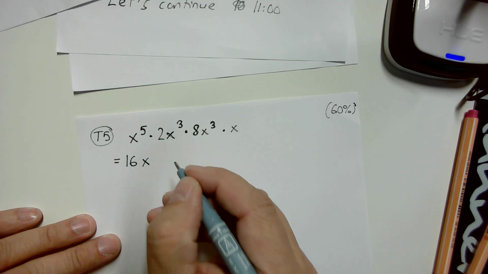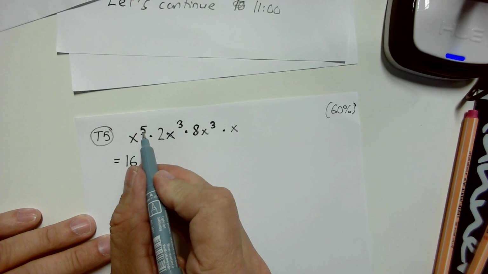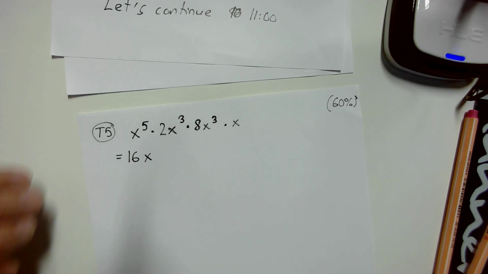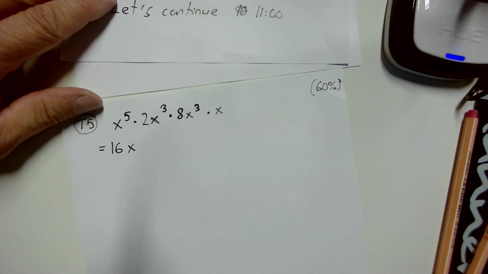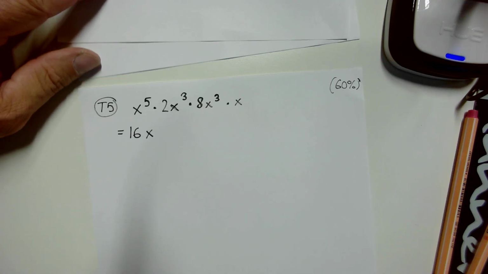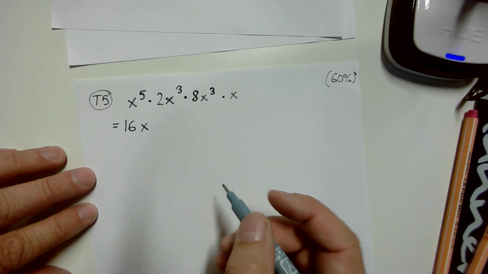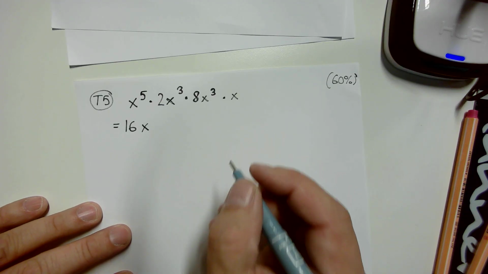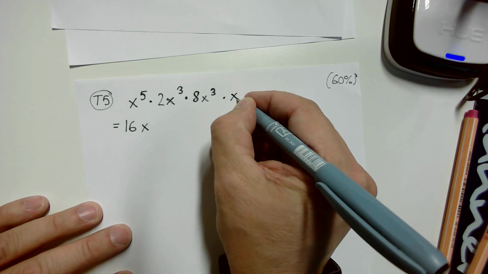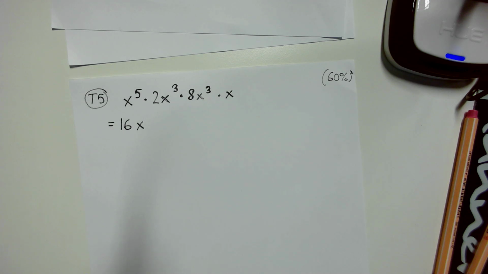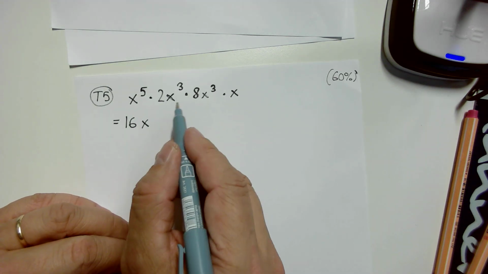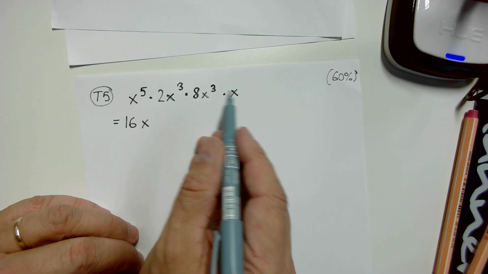So we get x. We have these x's here and different powers or exponents there.